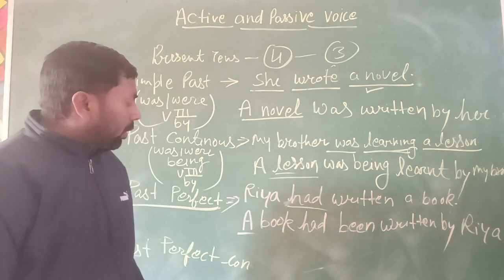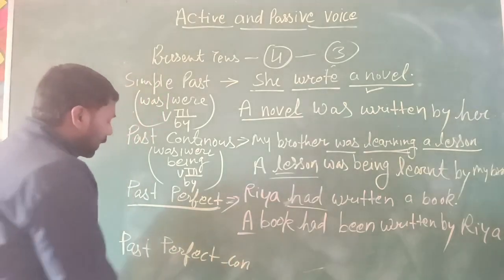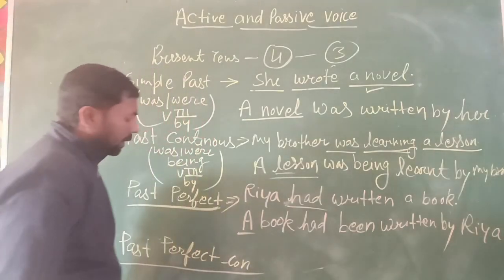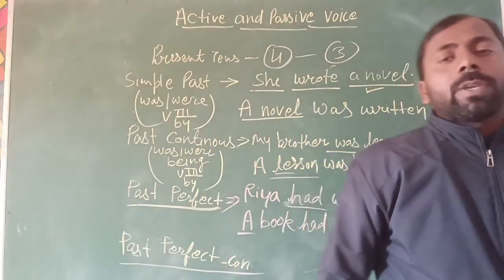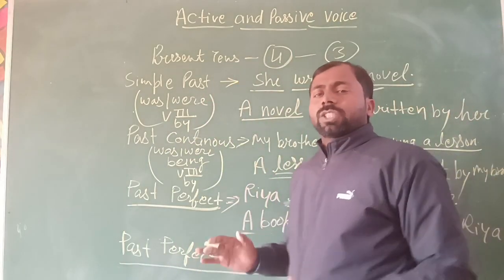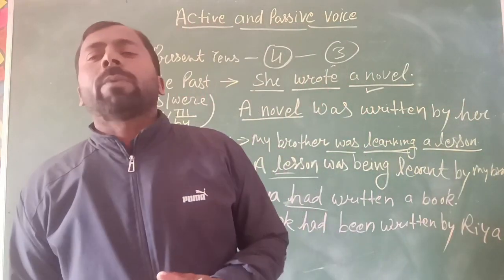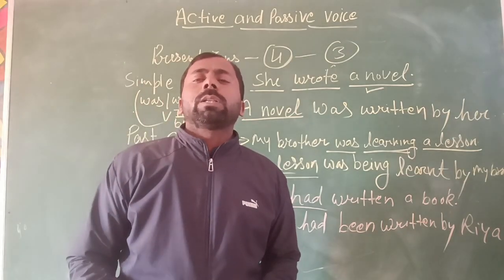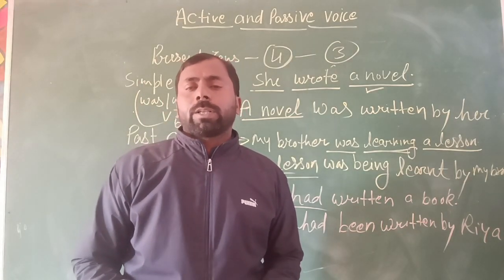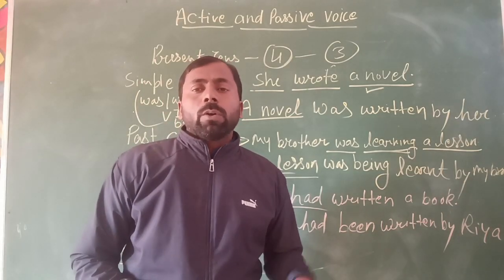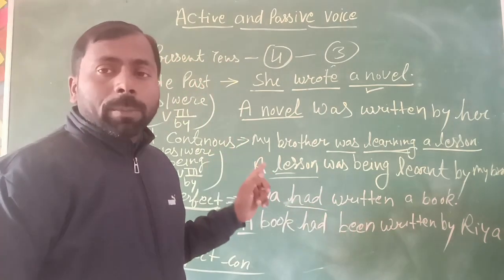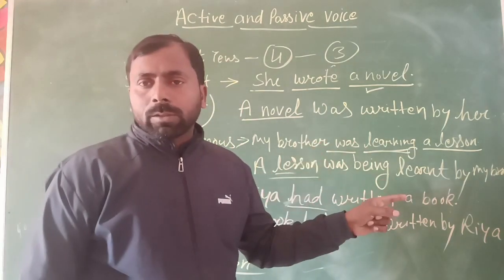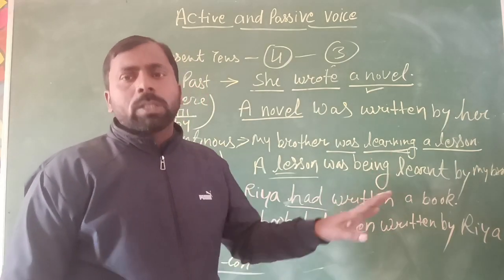Okay. So now next is past perfect continuous tense. As you know, we can transform active voice into passive voice only for 8 sentence types of active voice. One of them, the present perfect continuous tense, we cannot change into the passive voice.